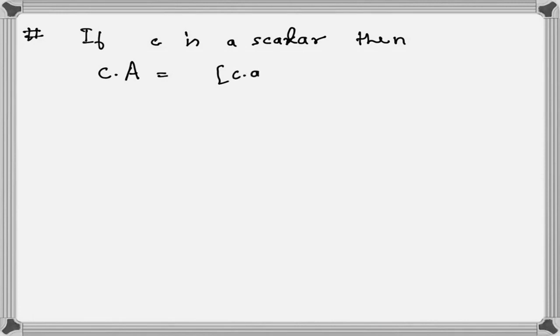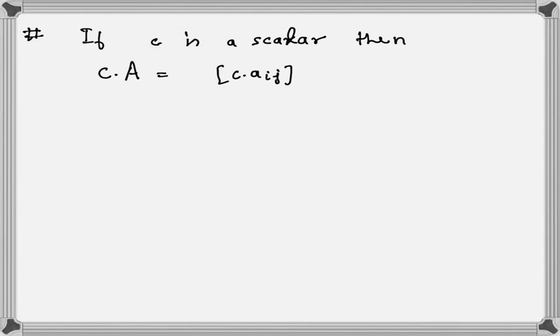Now some properties of matrices. For example, if c is a scalar, then c times A is defined as c times aij.